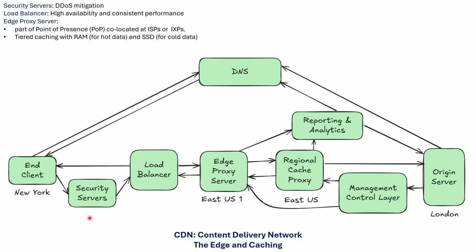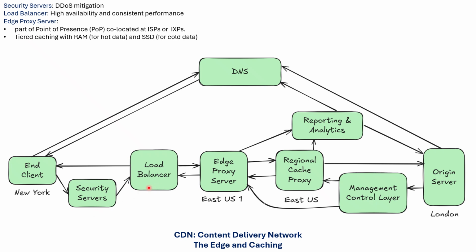These are specialized systems that analyze incoming traffic to protect our infrastructure. A prime example is DDoS mitigation, where these servers filter out massive malicious traffic, called denial of service attack, to ensure legitimate users can still connect.